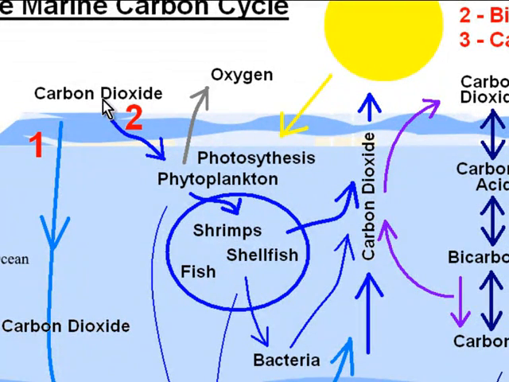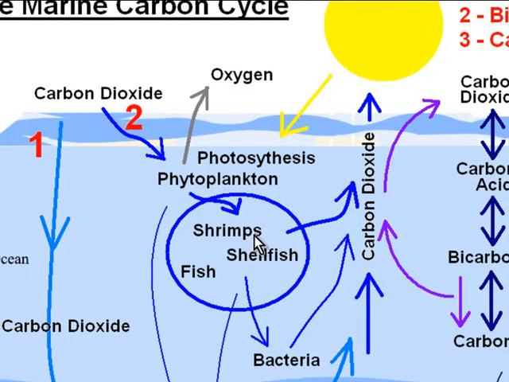So the carbon dioxide is absorbed into the phytoplankton and algae, the sunshine on the phytoplankton and algae releases the oxygen from the carbon dioxide, and the phytoplankton and the algae keep the carbon. Then very small sea creatures will eat the phytoplankton and the algae, and then perhaps shrimps will eat these small little creatures, and the carbon will move up the food chain.